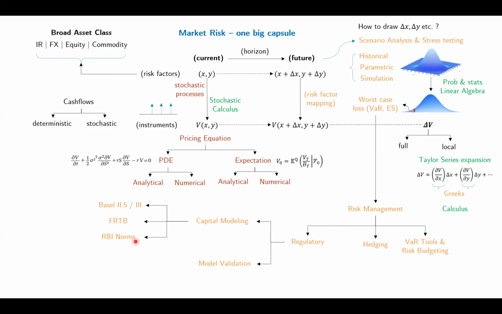And there are also RBI norms. So we also focus on the Indian context. RBI is the supervisor, and there is an RBI circular that I have also focused on. From the course perspective, I have spent a lot of time explaining the rules, deriving them, and calculating the end-to-end capital charge.